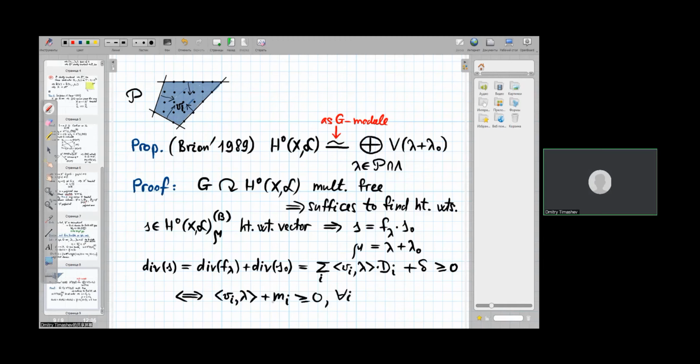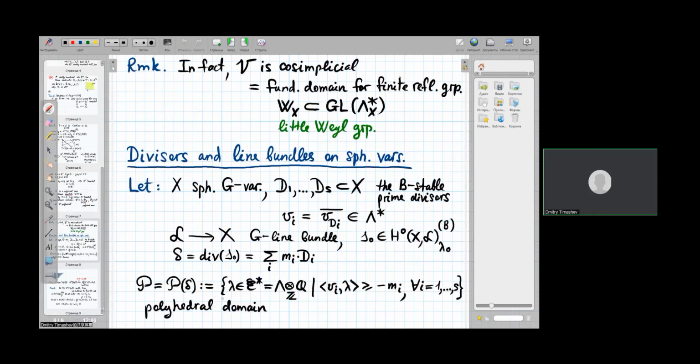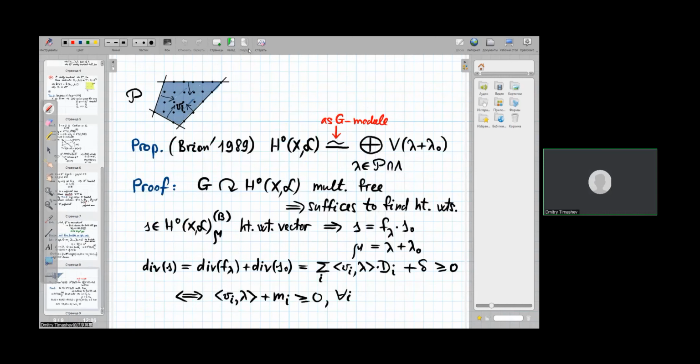And these inequalities are exactly the inequalities defining the polyhedral domain P. Just look here. So this holds if and only if lambda belongs to P. All highest weights of sections, all highest weights in this representation space are of this form.